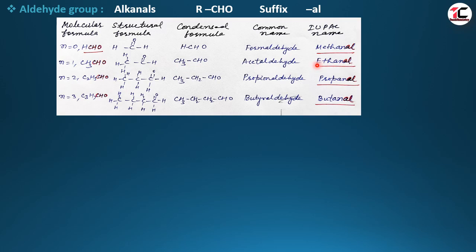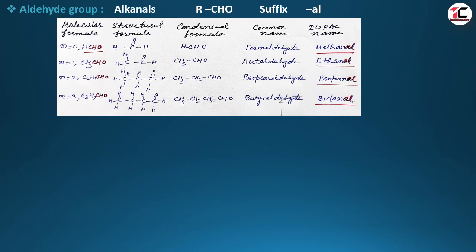Here eth is the root word, an is the primary suffix and al is the secondary suffix, and this is the functional group. If n is equal to 2, then the formula becomes C2H5CHO. Here 3 carbon atoms are there. 2 carbon atoms and 1 carbon atom is already present in the aldehyde group.